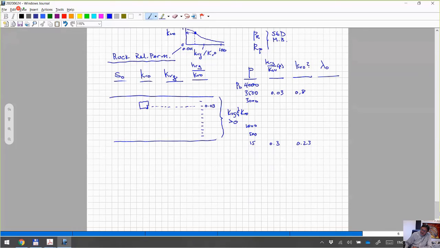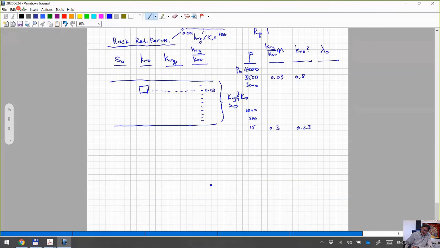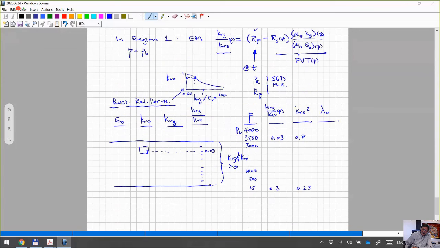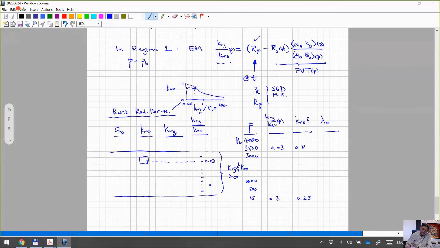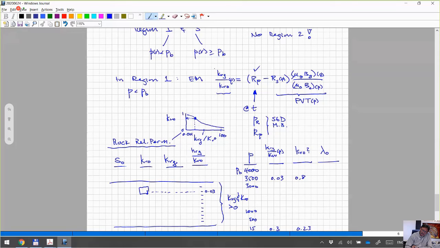And they show this fundamental relationship for steady state flow. That also applies for gas condensates, but we'll come back to that.